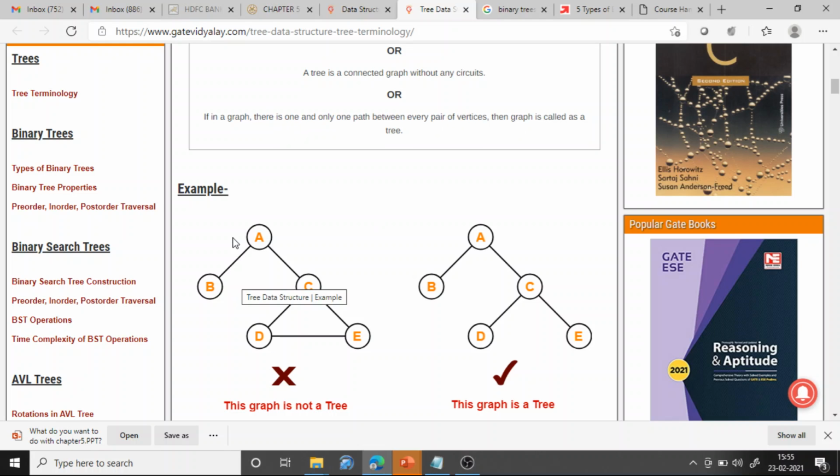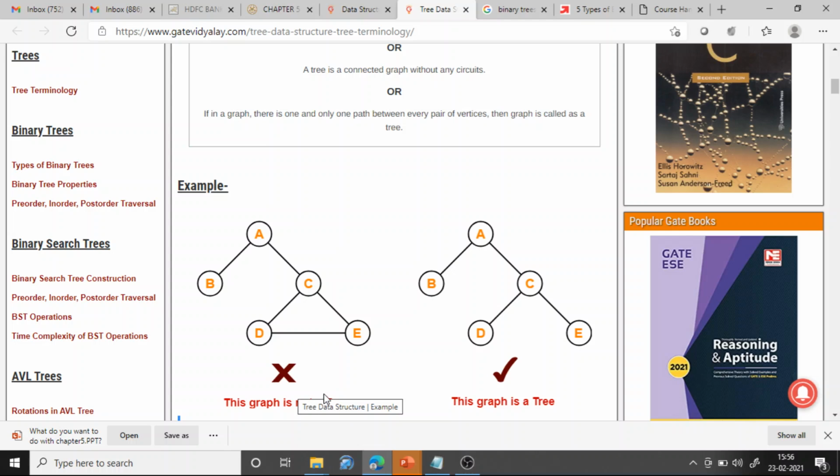For example, this left side one is not a tree, it is a graph, because here there is a cycle. Whereas the right side one is a tree. So every tree is also a graph, but every graph is not a tree.